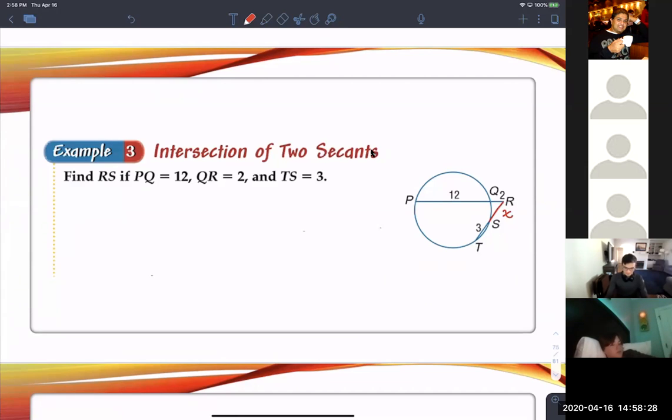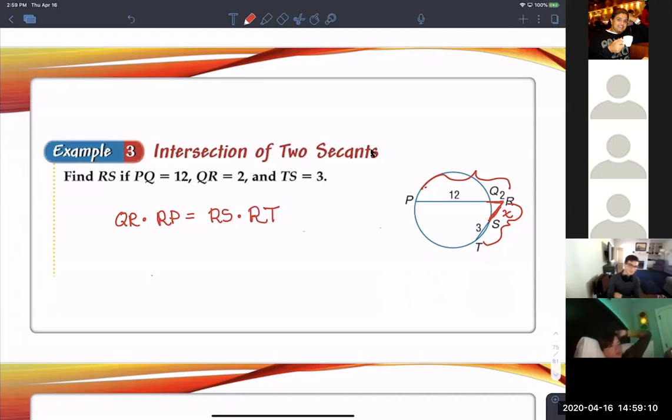So the relationship is, remember, the piece to the circle times the entire piece is equal to the piece to the circle times the entire piece. So QR times RP equals RS times RT.